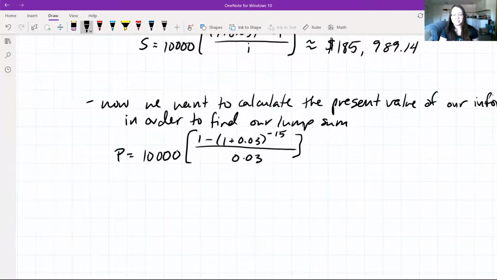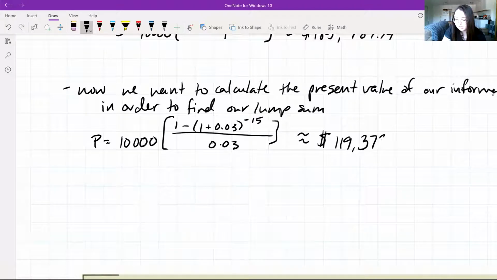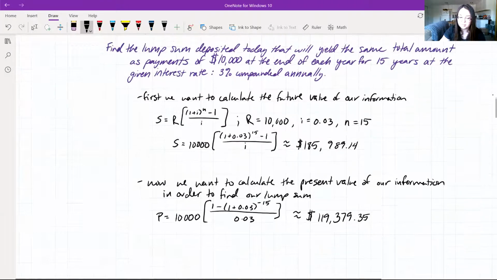There we go. So we have our equation. So let's calculate this value. And you should end up getting $119,379.35.